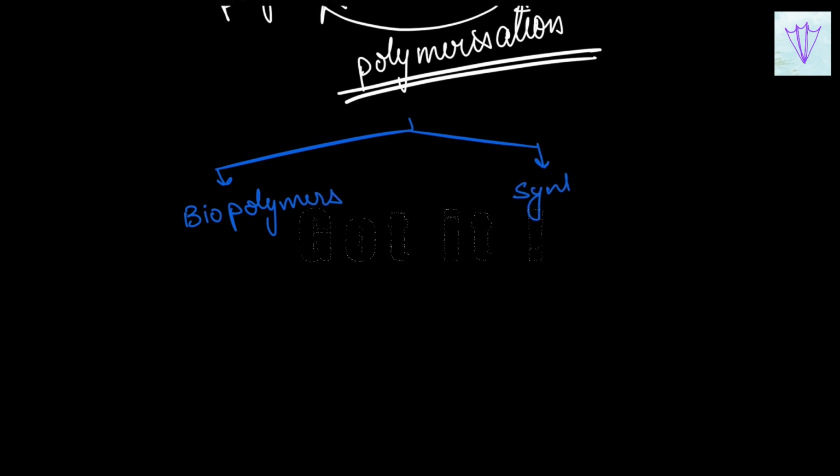Now we'll understand the classification of polymers. Polymers can be classified on the basis of their origin: the first is the biopolymers, and the second is the synthetic or the man-made polymers. The polymers which are found in nature are called natural polymers, and they are mostly obtained from plants and animals.